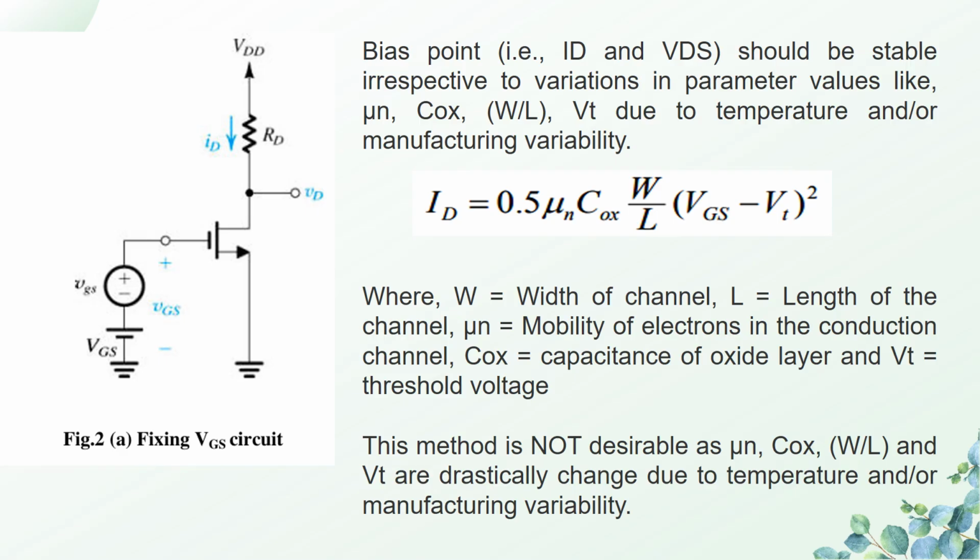The general equation of drain current ID of the MOSFET is 0.5 mu n Cox W by L into (VGS minus Vt) the whole square, where W represents width of the channel, L represents length of the channel, mu n represents mobility of electrons in the conduction channel, Cox represents capacitance of oxide layer, and finally Vt represents the threshold voltage. Actually this method is not desirable because the parameters mu n, Cox, W by L and Vt change drastically due to changes in temperature. So this is not practically used.